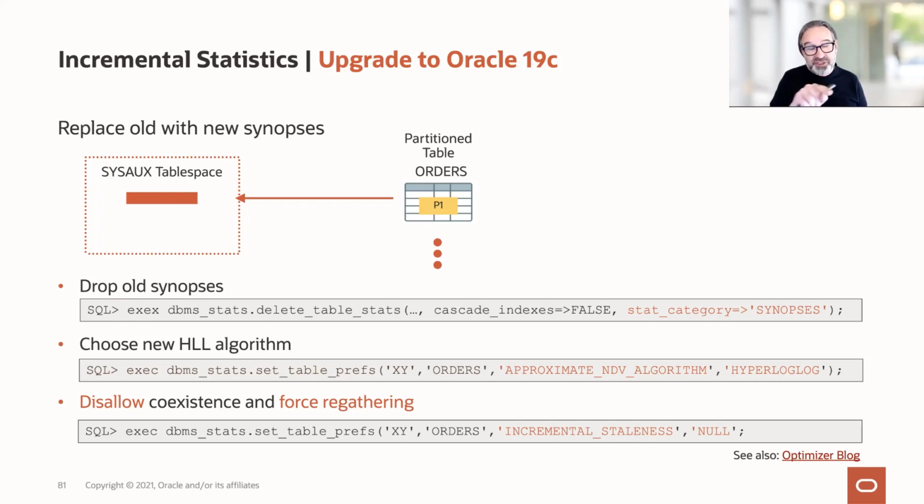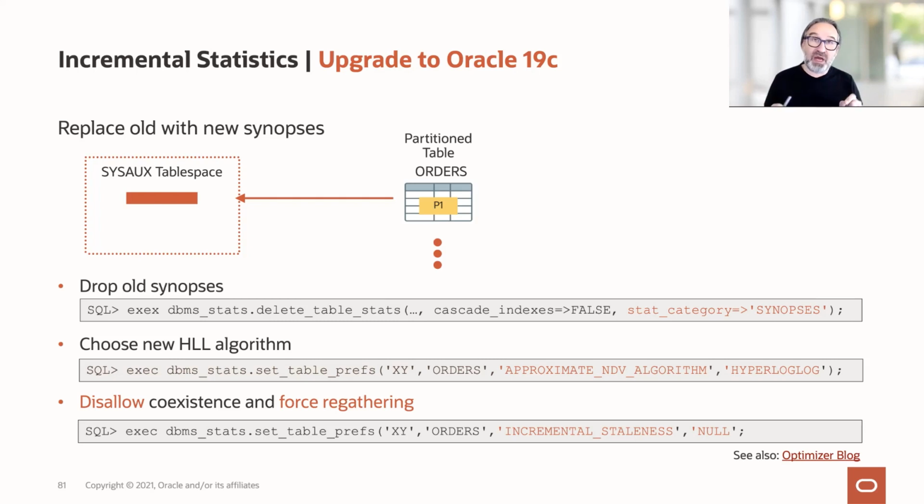What you need to do is drop the old synopsis. So the first call here on the slide, dbms_stats.delete_table_stats with stat category synopsis. Don't delete all your stats, but delete the synopsis. Then you choose the hyperloglog algorithm as standard. And you do this with set_table_prefs, APPROXIMATE_NDV_ALGORITHM, approximate number of distinct values algorithm, HYPERLOGLOG.